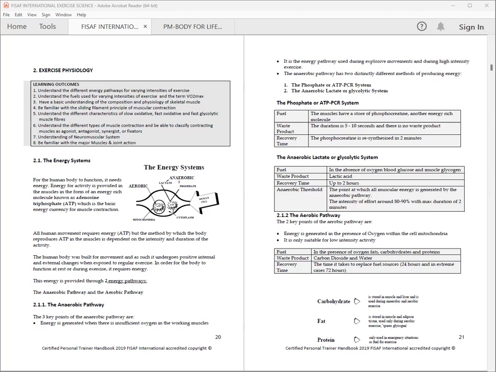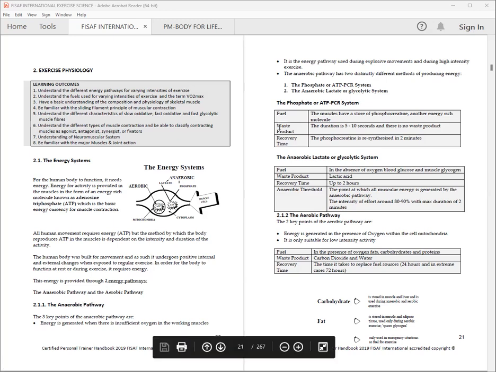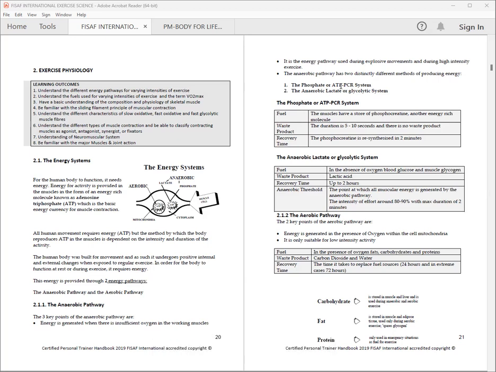The other one is called the anaerobic pathway or anaerobic energy system. In the anaerobic energy system, we have two. The first one is the ATP-PC or CP system, which stands for phosphocreatine or creatine phosphate.